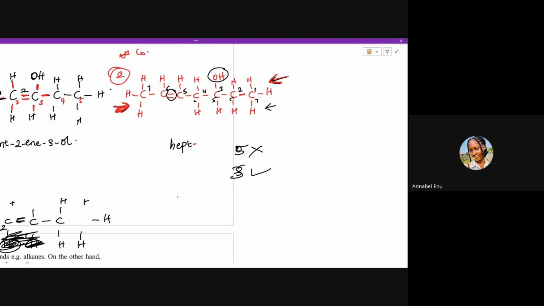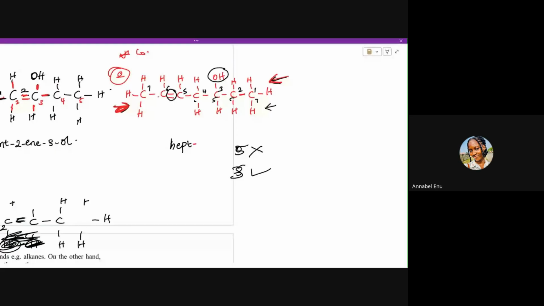To know the position where the double bond is, this double bond is between carbon 5 and 6. It's not belonging to only carbon 6. So we are not necessarily counting the carbon. We are counting the bonds to know the position it is.